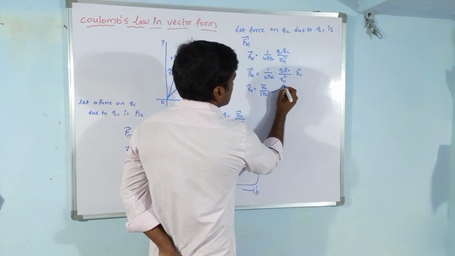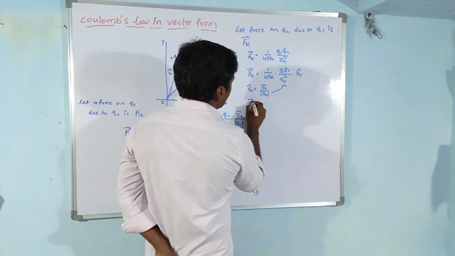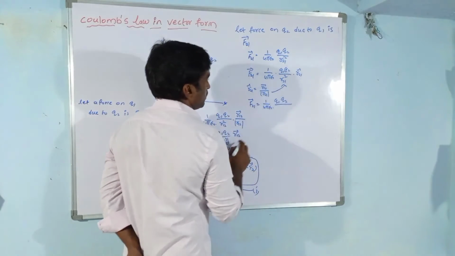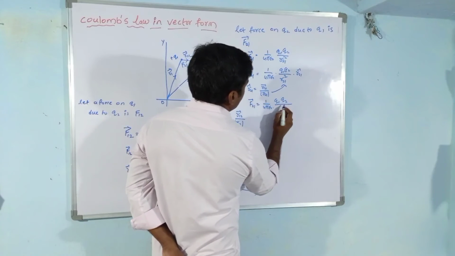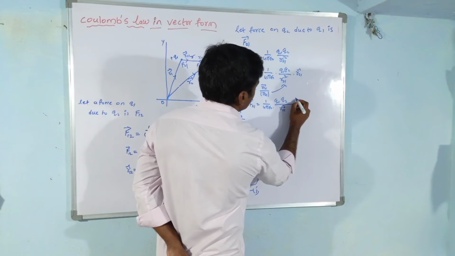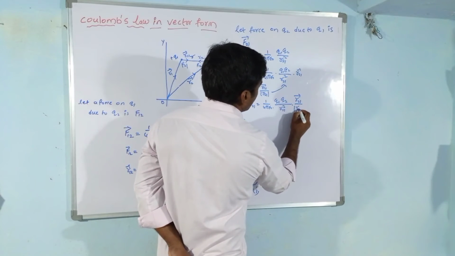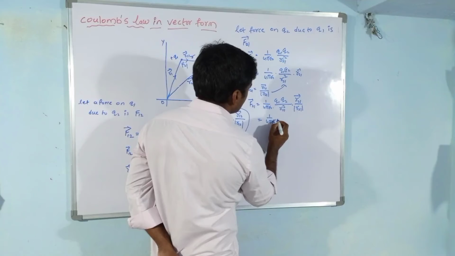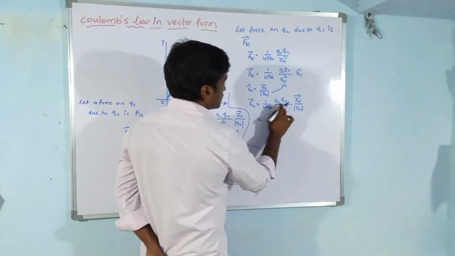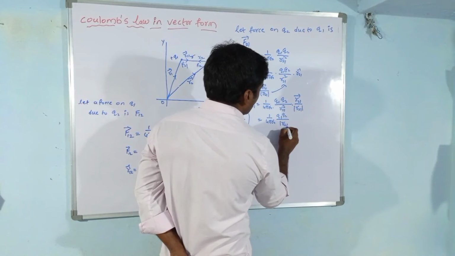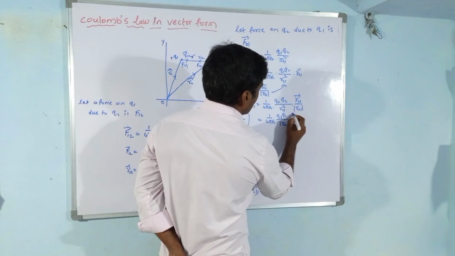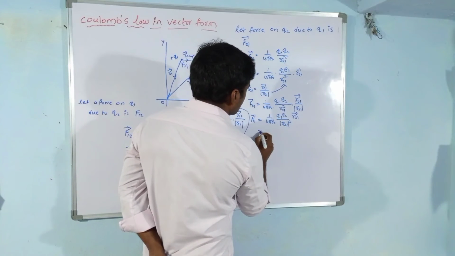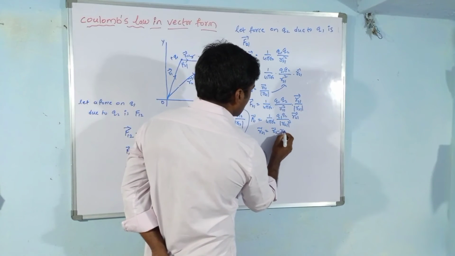When we substitute this, we get F21 equal to 1 by 4 pi epsilon naught q1 q2 by r21 cube into r21 vector. Actually, r21 is equal to r2 minus r1.